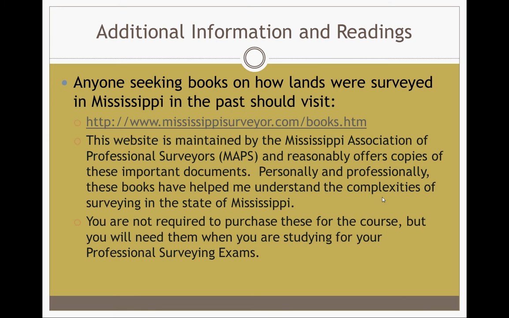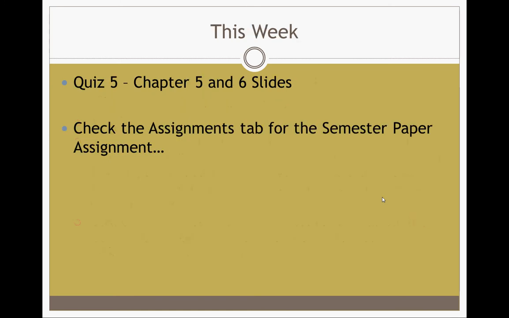It's really important, and I'm telling you, my copies, I have written in them, and I have done research in them, and I have used them not just for teaching, but also for personal enrichment of the understanding of our state and how our state was surveyed. A lot of questions that you have pertaining to original surveys in Mississippi can be understood better by reading these books and having a copy of these books.